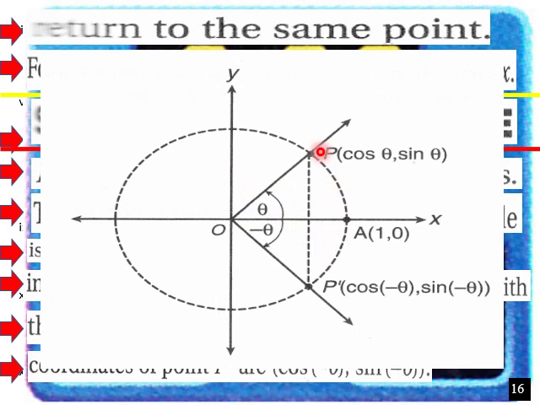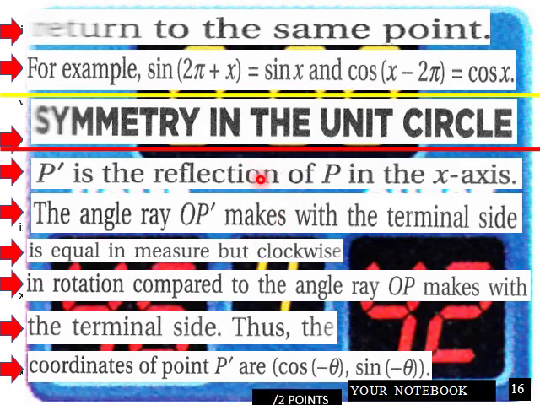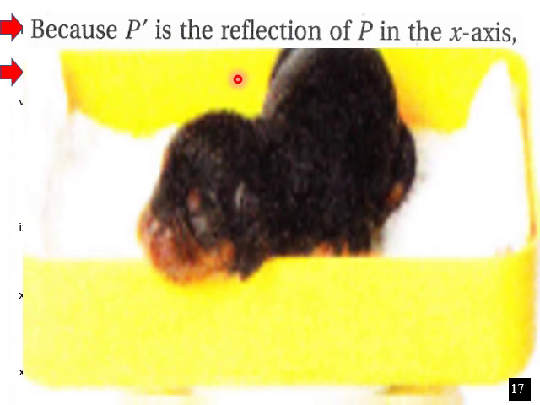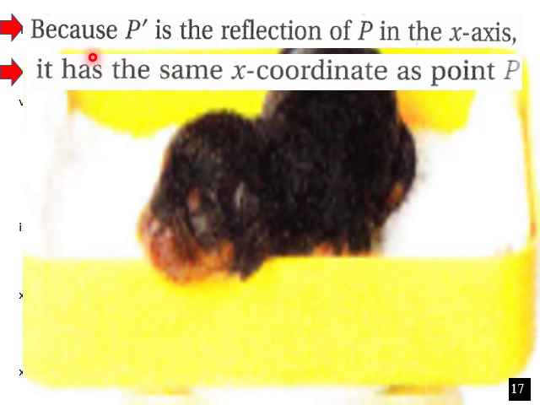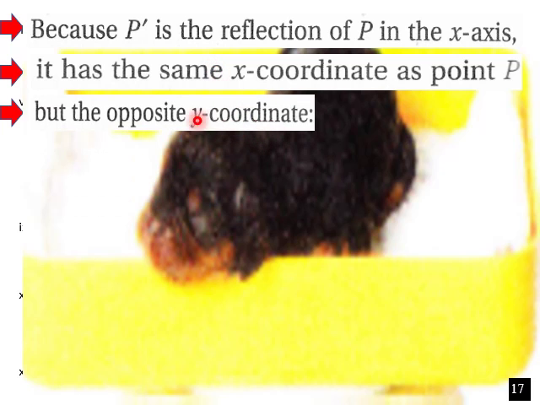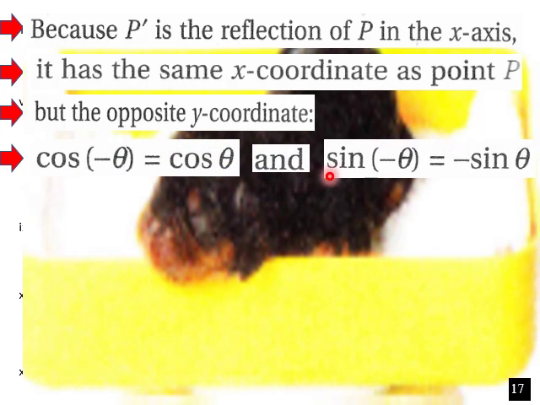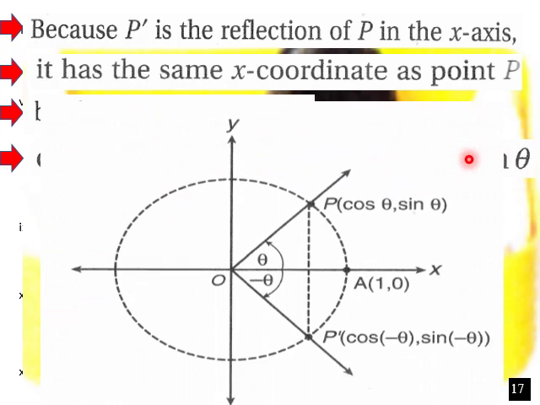And then this is your example here: cosine negative theta and sine negative theta would be down here, and then cosine theta and sine theta would be up here. This is your theta here. Because P prime is a reflection of P in the x-axis, it has the same x-coordinate as point P, but the opposite y-coordinate. So cosine negative theta equals cosine theta, and sine negative theta equals the negative of sine theta.